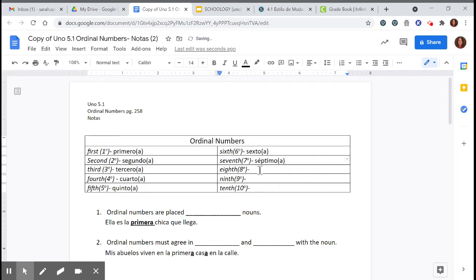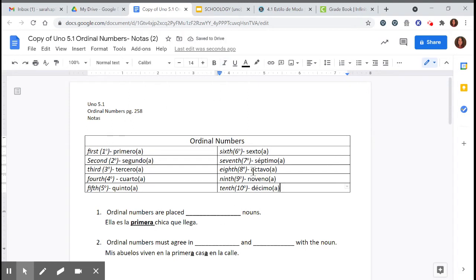And notice there is an accent mark here over the E, so just make sure we include that when we write it out. Eighth is octavo, octava. Ninth is noveno or novena. And then 10th, we have décimo or décima.